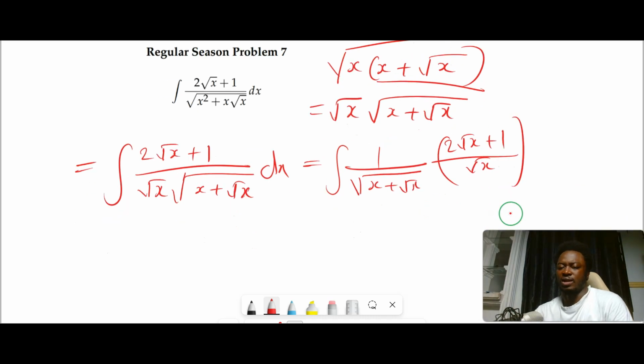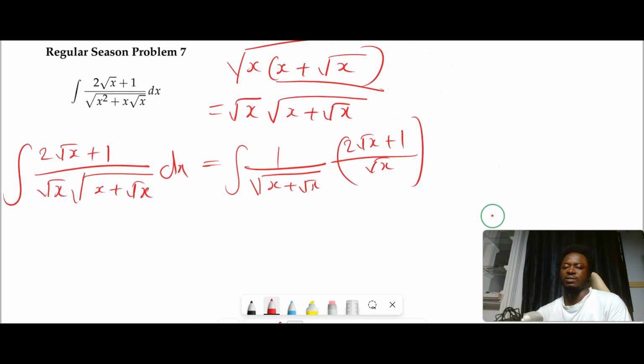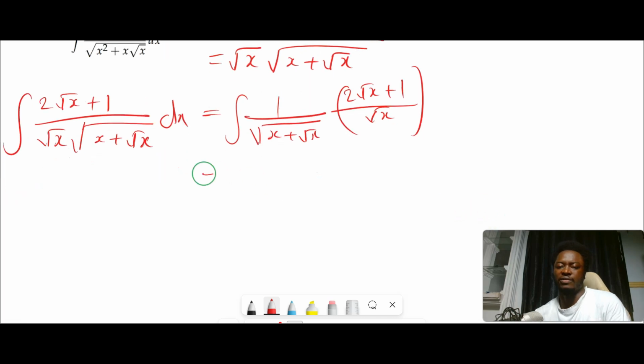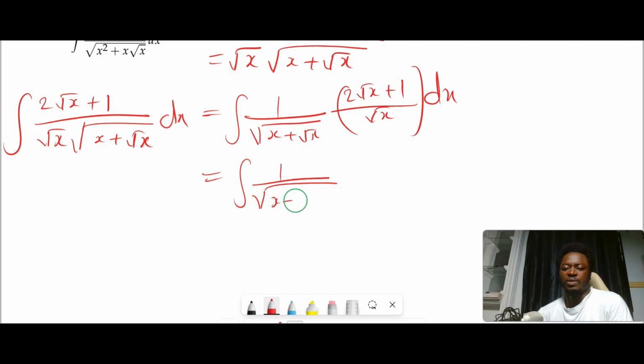So I think something can happen here. We could have this as dx, of course. This is the integral of 1 over square root of x plus square root of x, then you will have 2 plus 1 over square root of x dx. I think we can factor out the 2.